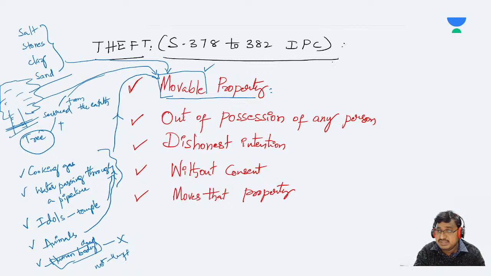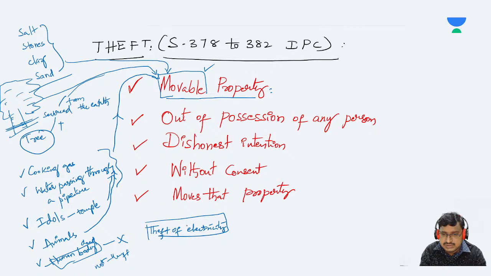One more thing we need to remember here: theft of electricity does not come under the purview of movable property, friends. It comes under section 135 of the Electricity Act, 2003. It does not come under the purview of IPC theft. It is not theft.